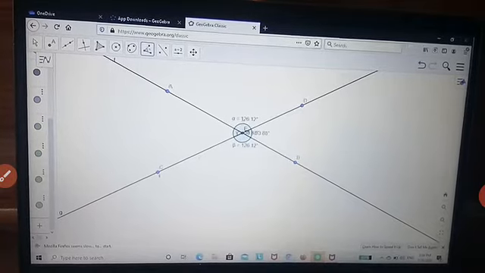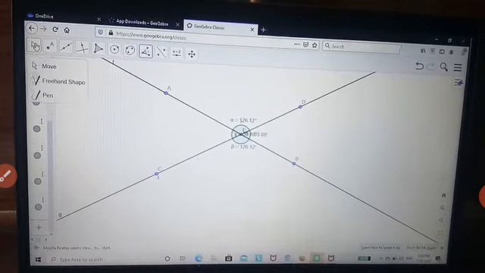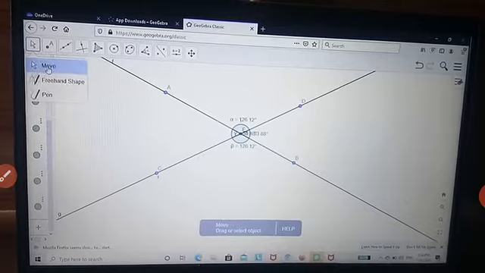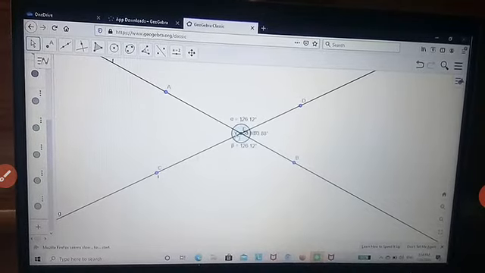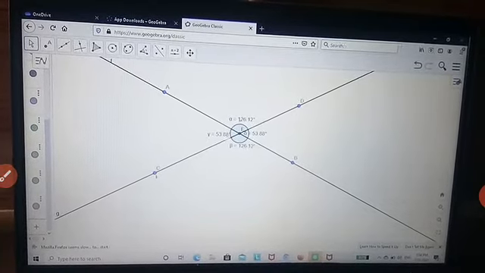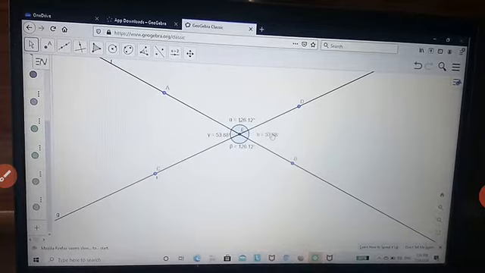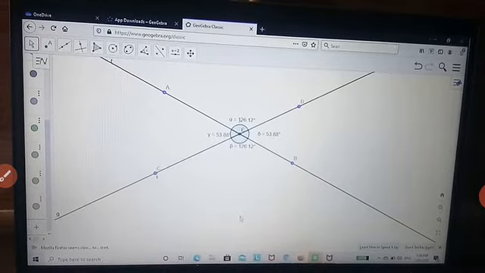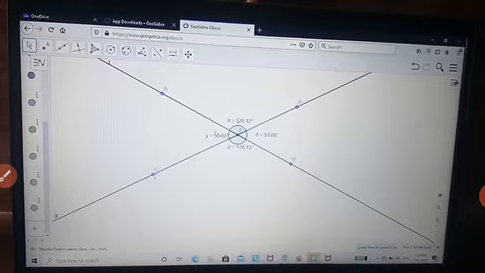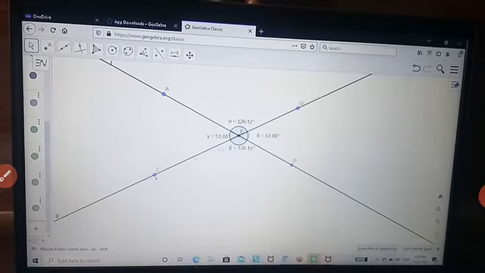Again we can see both angles are equal. So this verifies theorem 6.1, which says if lines are intersecting, then the two vertically opposite angles are equal.